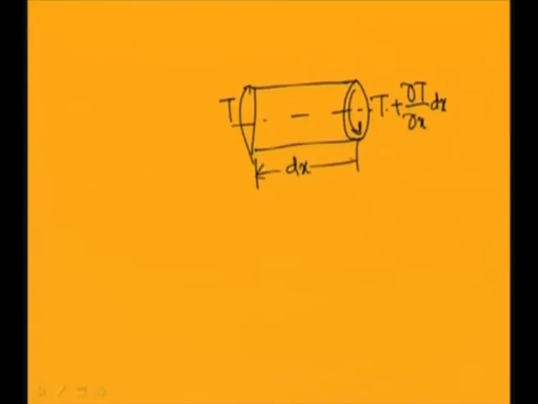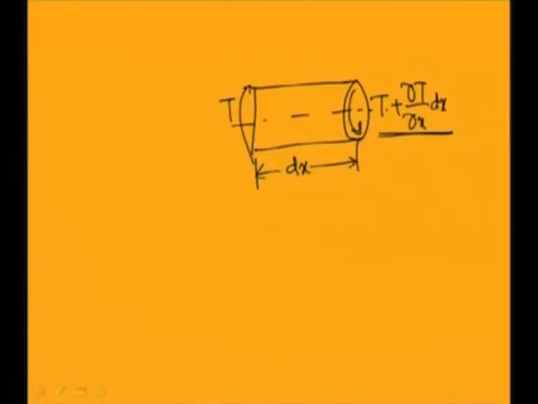So, on the left side the torque is T, and on the right side the torque is T plus del T by del x into dx.